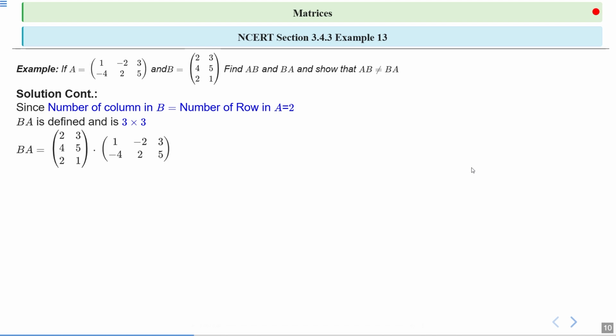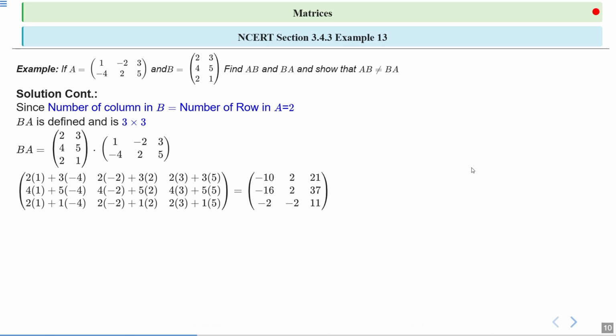Next, we will calculate the product BA. So we multiply the matrix B, which is 2, 3; 4, 5; 2, 1, by the matrix A, which is 1, minus 2, 3; minus 4, 2, 5. Remember, each element in the resulting matrix is the product of the corresponding row from B and column from A. Which is 2 into 1 plus 3 into minus 4. Next 2 into minus 2 plus 3 into 2.